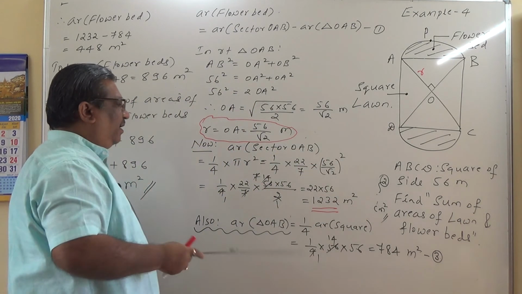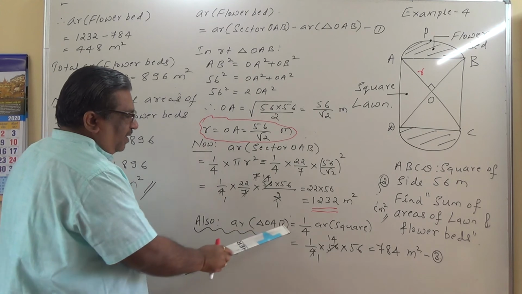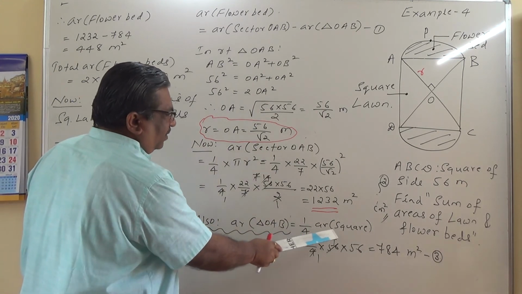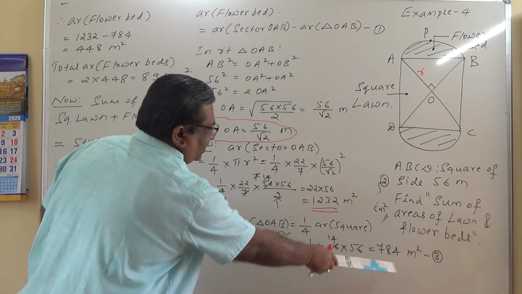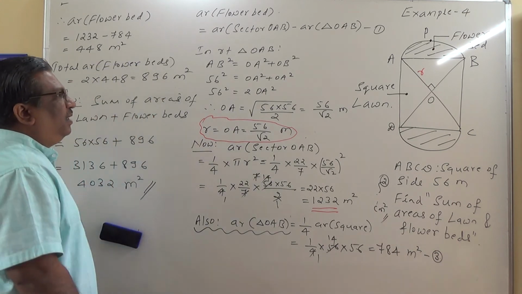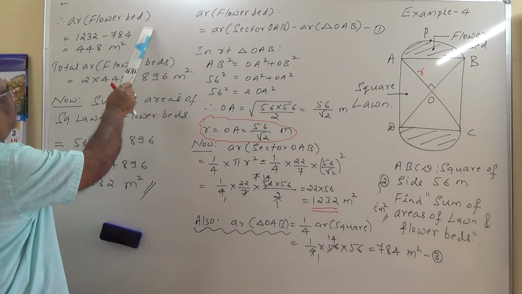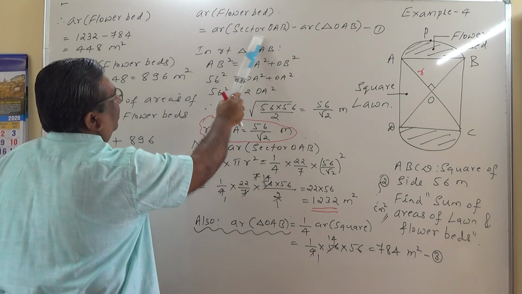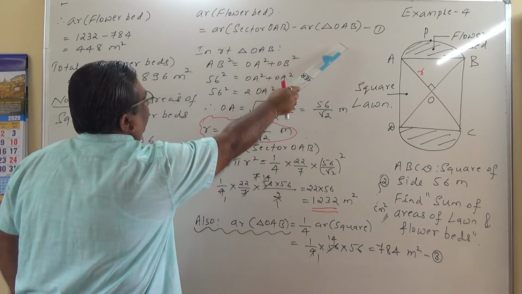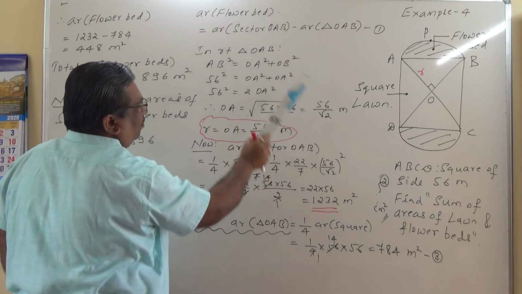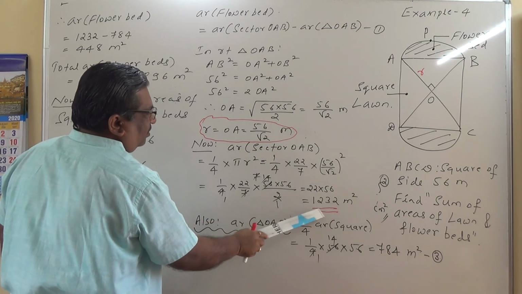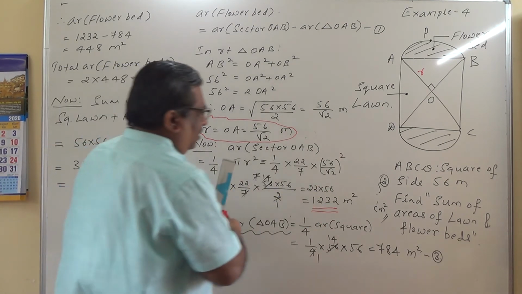That way also I can take. So here I have taken the area of the triangle OAB as 1/4 the area of the square, which I am getting as 784 square meters. Now I can find out the area of the flower bed. Area of the flower bed is area of the sector OAB minus area of the triangle OAB. Area of the sector OAB is given as 1232 square meters.